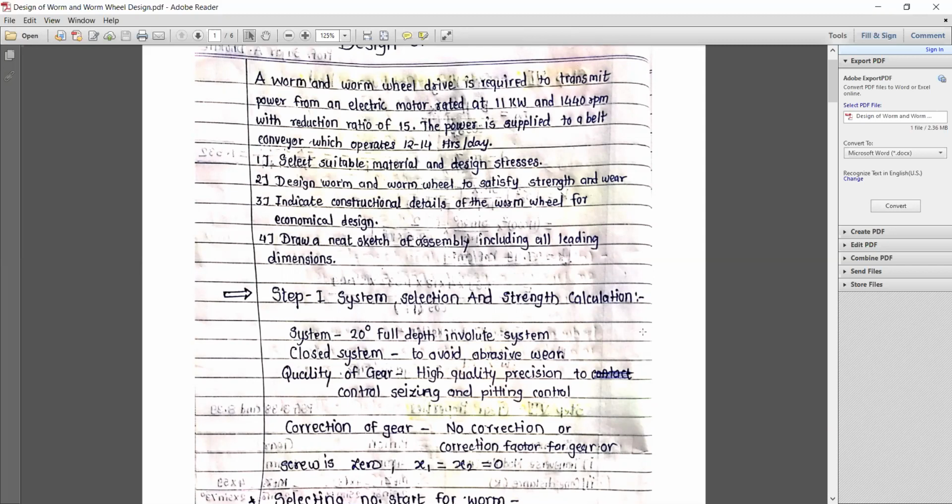Secondly, we need to design the worm and worm wheel to satisfy the strength and wear criteria. Indicate the constructional details for the worm and worm wheel for economical design. Draw a neat sketch of the assembly including all leading dimensions. Okay, so you can draw a basic diagram like this one.